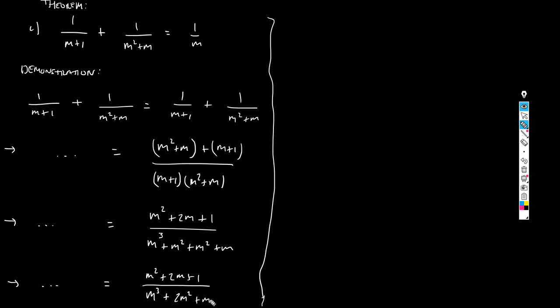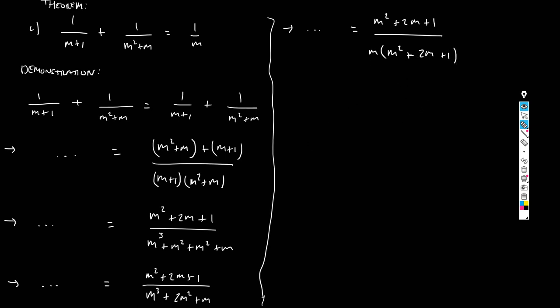Remember, you don't know in advance that this is in fact what you have to do. You just have to try stuff. So we're going to get that this is equal to the following: m squared plus 2m plus 1 over m, which is my common factor, that multiplies m squared plus 2m plus 1.